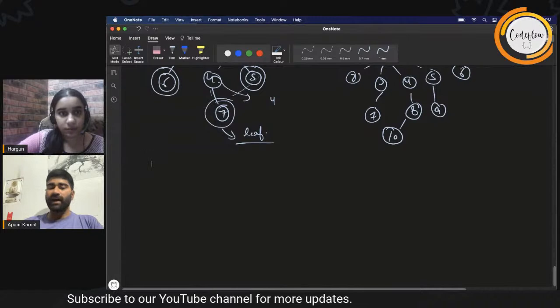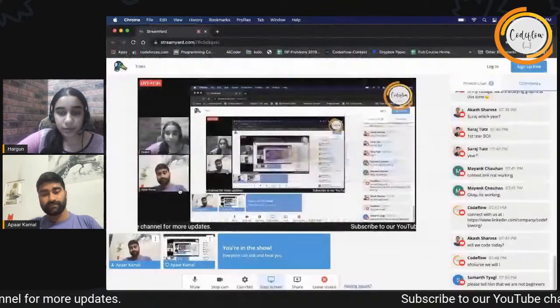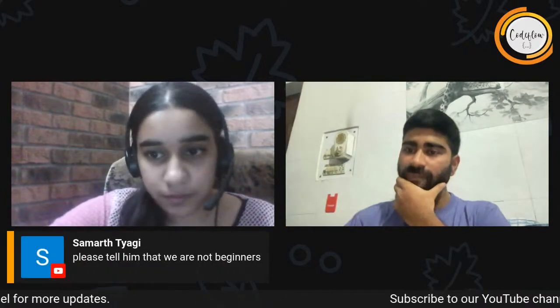Cool. Now we will see how to represent trees, because some students are saying we can move to higher concepts, we can start solving questions. Some are saying I am a beginner and some are saying I'm not. I can teach any topic. So we can say that the beginner part is done. Now let's move on to some advanced part.